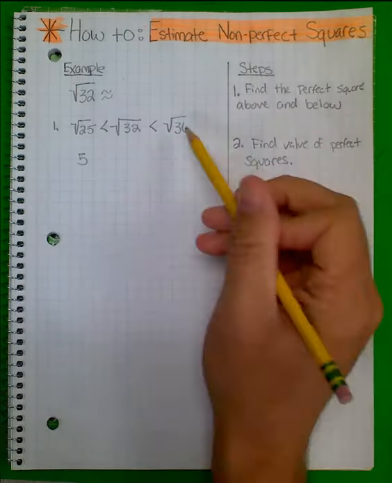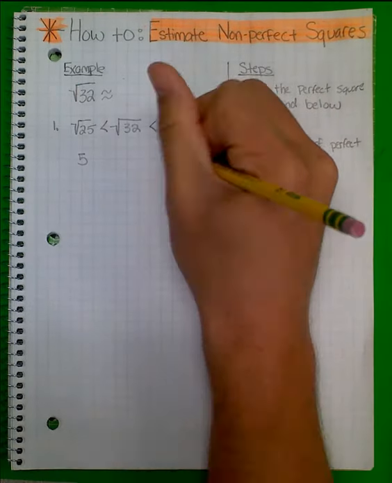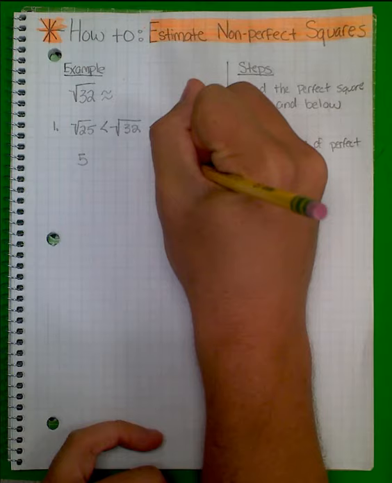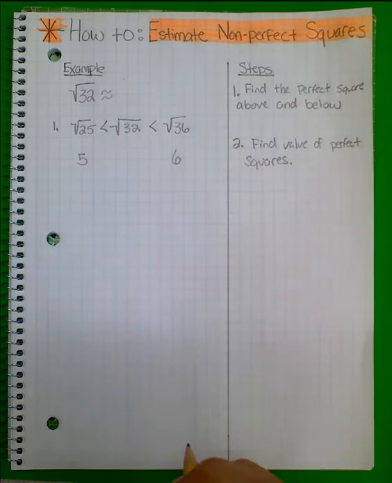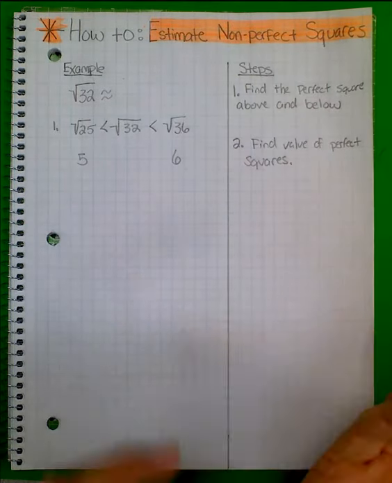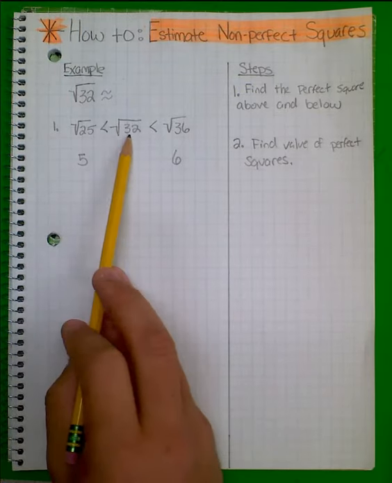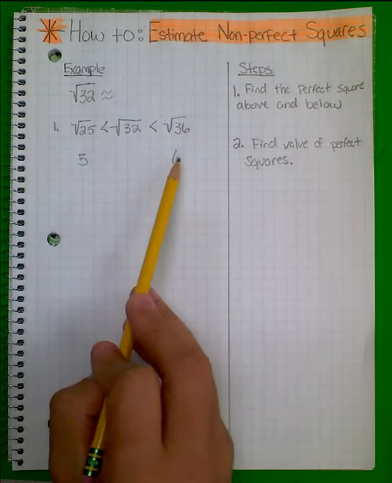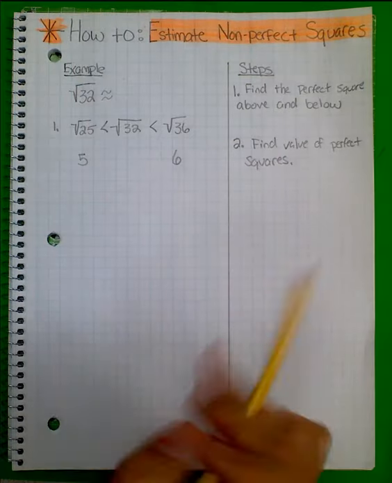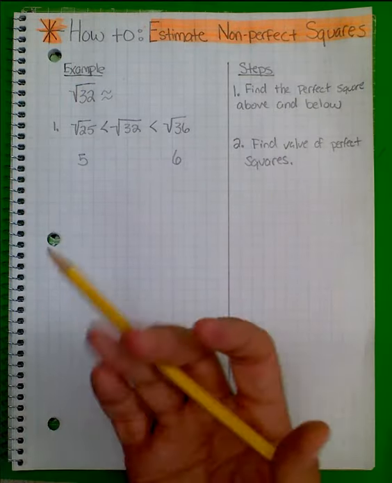And I know that the square root of 36 is 6 because 6 times 6 is 36. So what did I just realize? Well, the square root of 32 is between the numbers 5 and 6, so it must be 5 point something, okay?